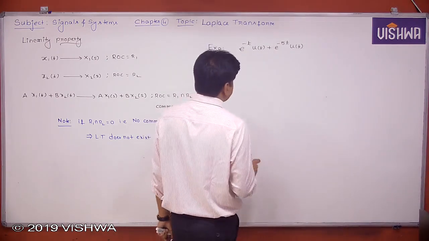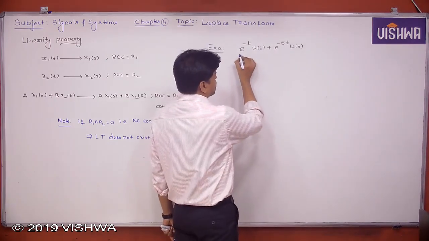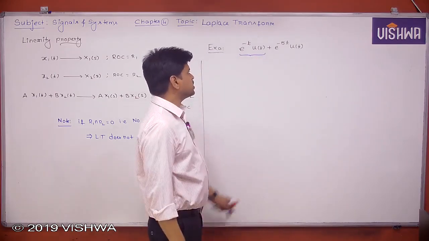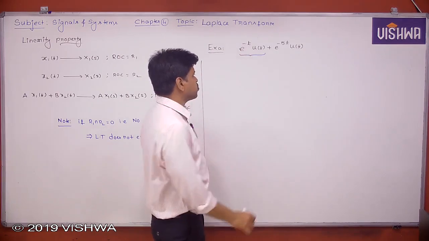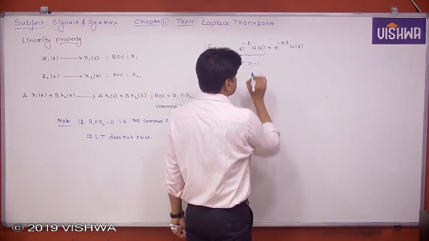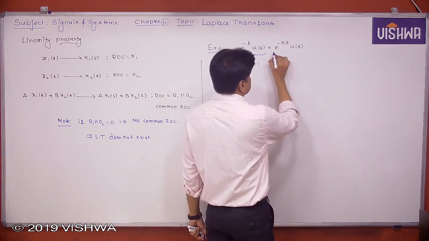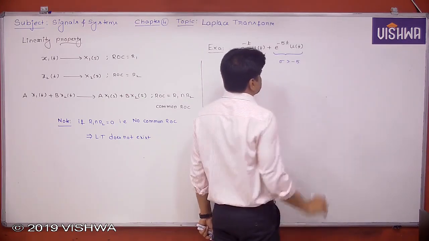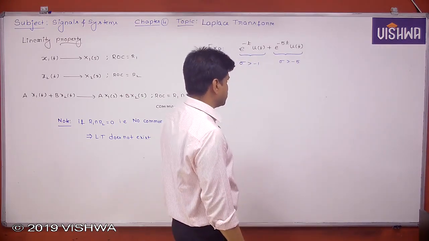Okay, let's see. For this function, what is the ROC? The right-sided pole is minus 1, so sigma greater than minus 1 here. For the other, the right-sided pole is minus 5, so sigma greater than minus 5.